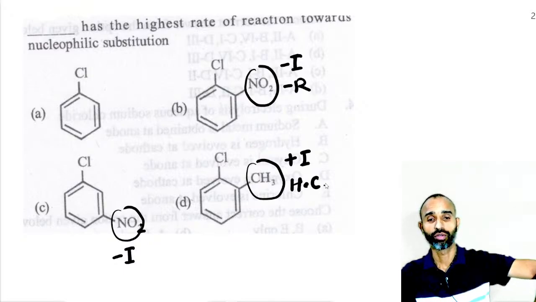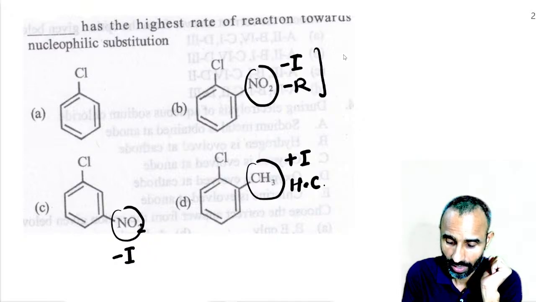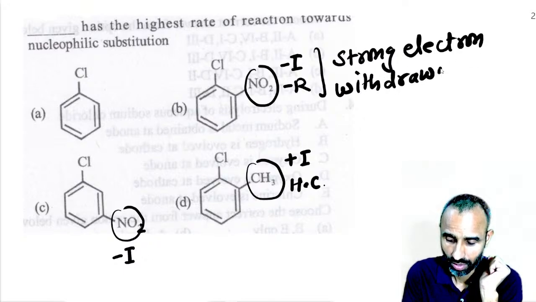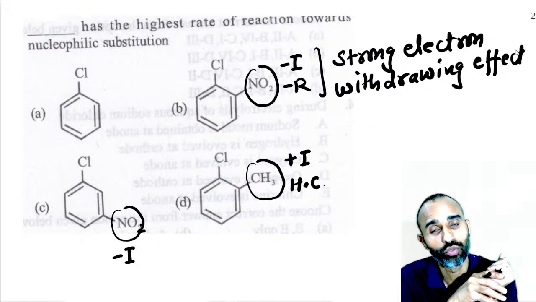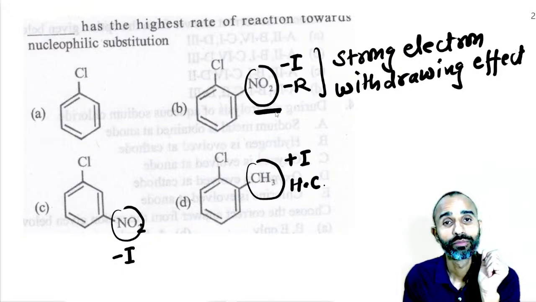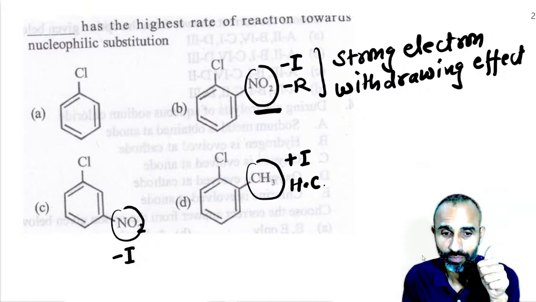So the more the electron withdrawing effect, the greater is the reactivity towards nucleophilic substitution. So see, this NO2 group has minus R and minus I because it is at ortho position.